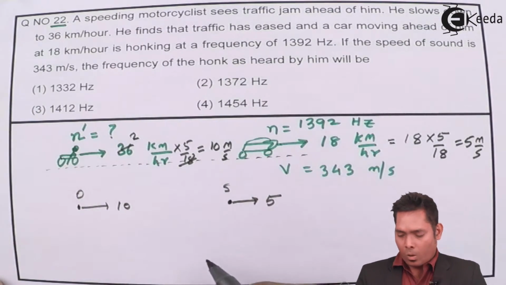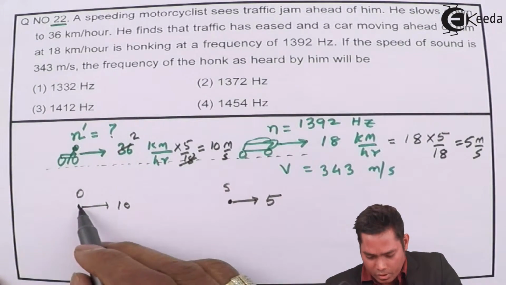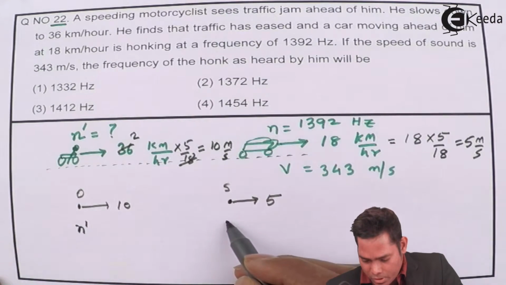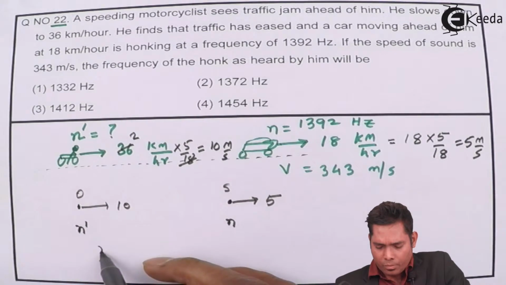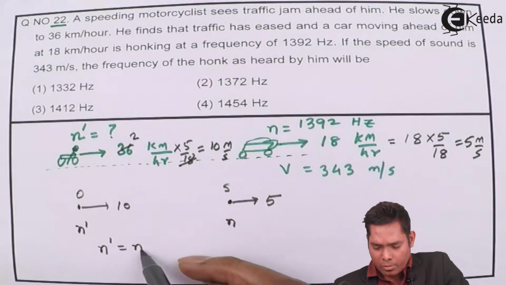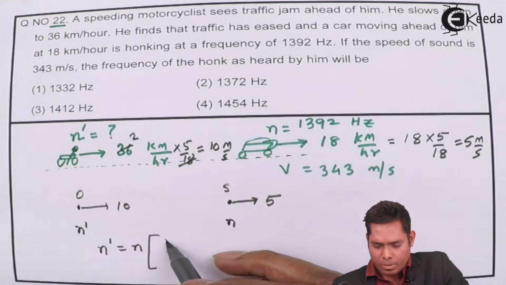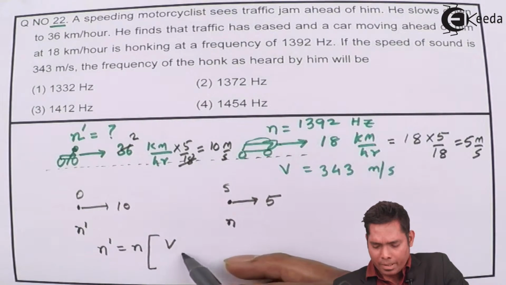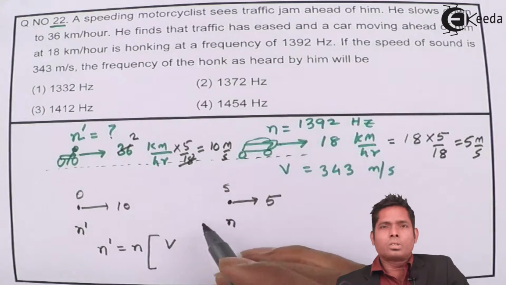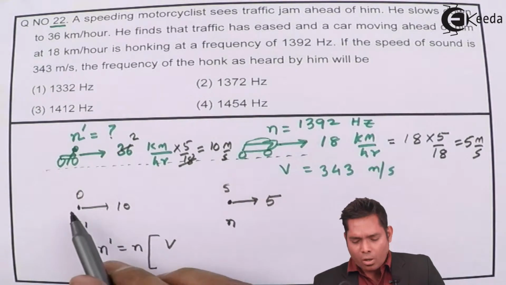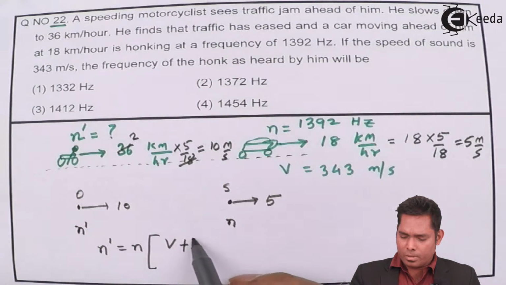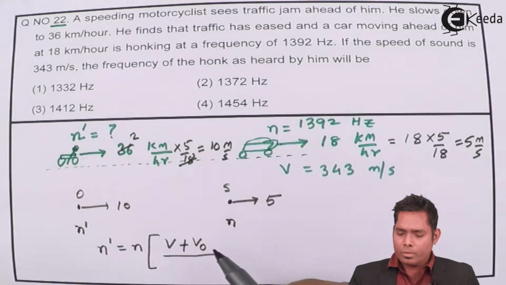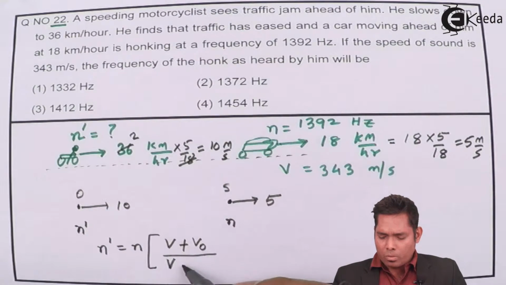Now, what is the frequency heard by the observer? If the frequency blown here is n, the formula is that n prime equals the actual frequency times the speed of sound plus or minus the speed of the observer. But as the observer is approaching the source, frequency will increase, so this will become plus, divided by the speed of sound plus or minus the velocity of the source.